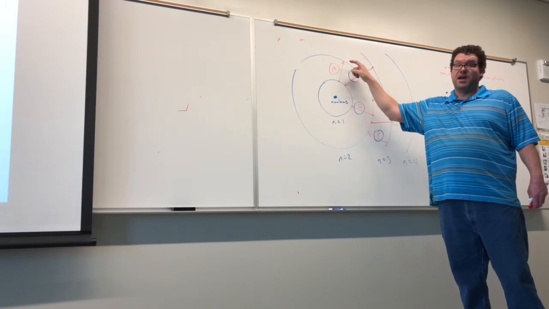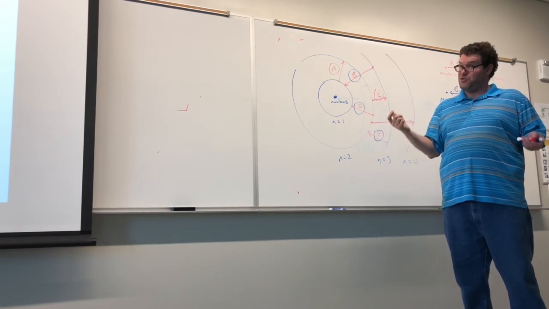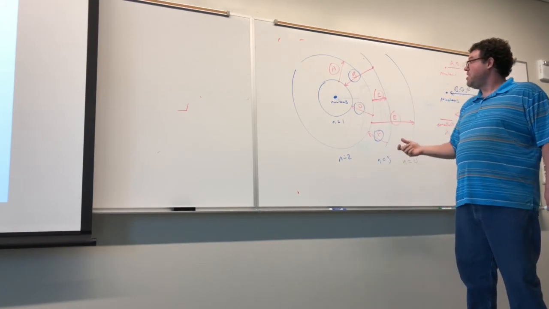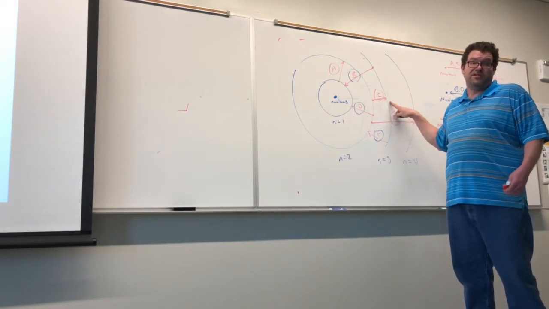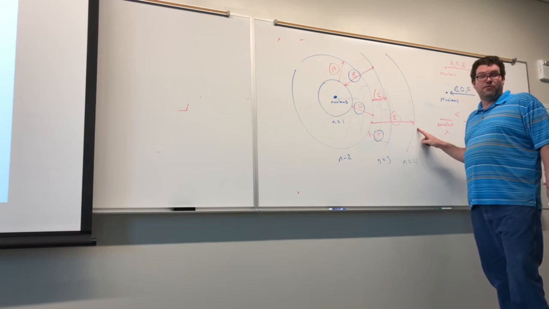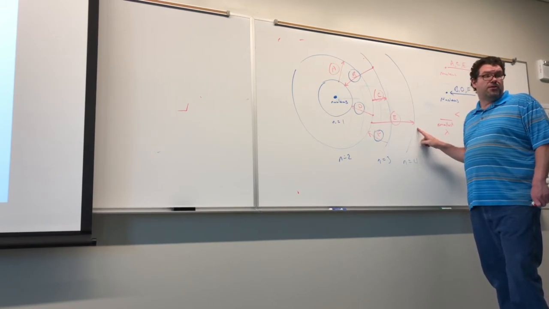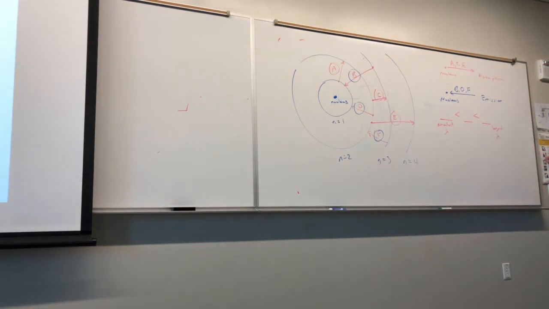And if you forget that, just do the math in your head real fast. 1 over 1 squared minus 1 over 2 squared is 3/4. You're comparing that to 1 over 2 squared minus 1 over 3 squared, which is much smaller. And even this one, 1 over 2 squared minus 1 over 4 squared, is still much smaller than 3/4, okay? So the one that has your greatest energy is going to be A. So which one will have your smallest wavelength? A. Smallest wavelength, largest energy.